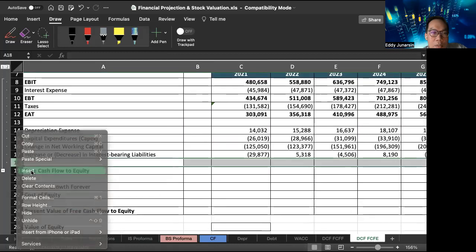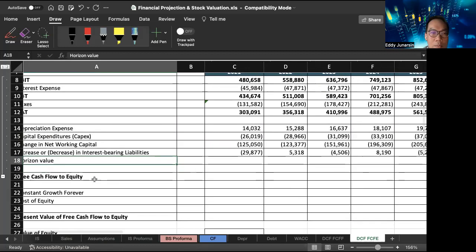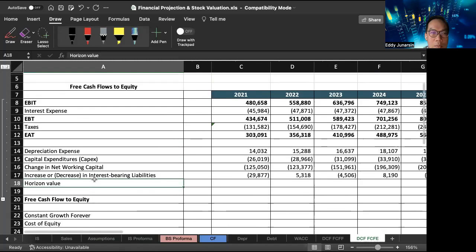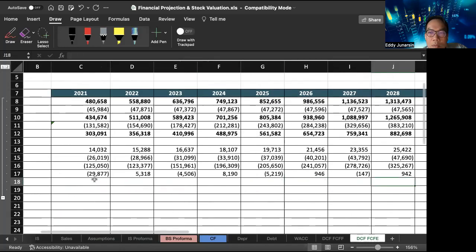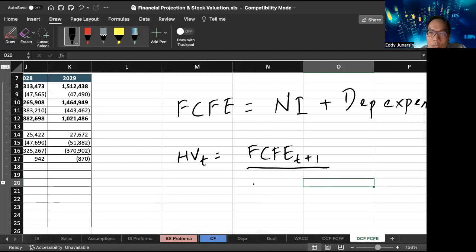Okay, so similarly here, we need the horizon value. Similar to the previous logic, what's the horizon value? Horizon value at time t should be the free cash flow to equity holders at time t plus 1.